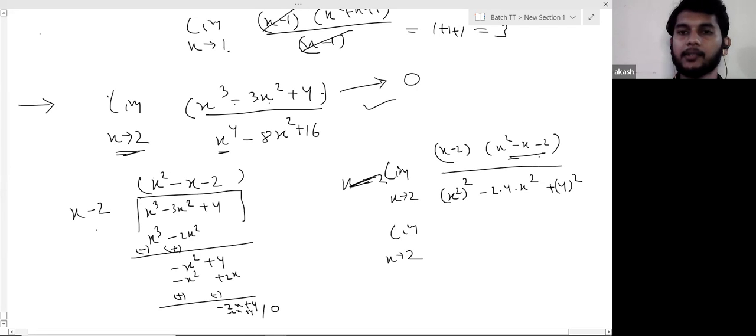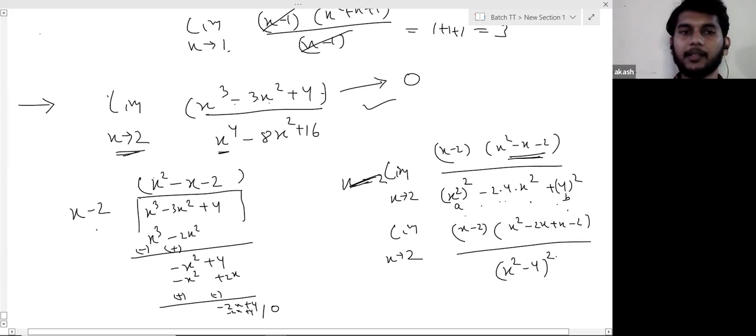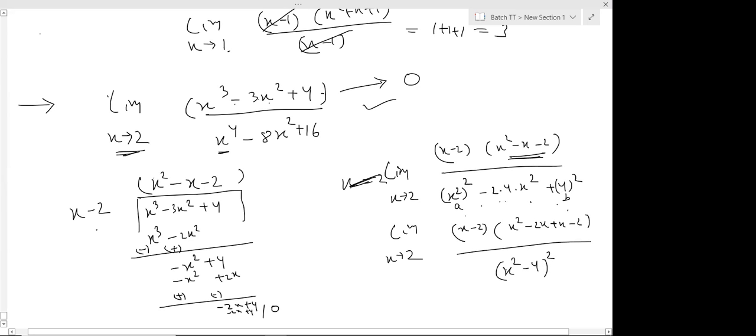We can again factorize this thing: x square minus 2x plus x minus 2. Now suppose this is a and this is b. So this is a square minus 2ab plus b square, which is (a minus b) whole square. I can write (x square minus 4) whole square. This thing is clear? Yes, sir.